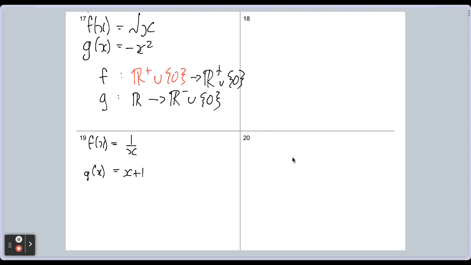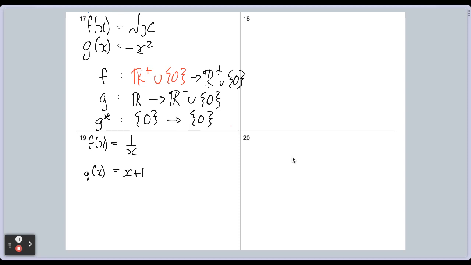So for G star, that has to go to this. That's what it has to match up to. The only thing that will fit in that is 0. And in fact, I can be a little bit more specific, it's just the set {0}.